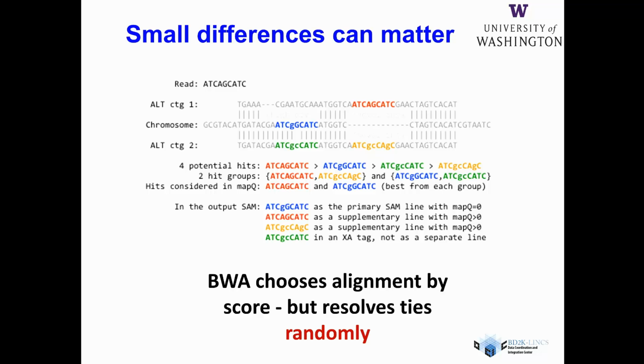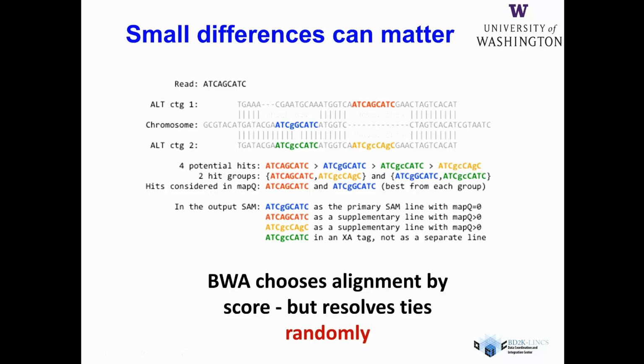And this is actually from an earlier stage in the pipeline, where we're doing the alignment stage with BWA. At this stage, what BWA does is it takes a read and it tries to map it to a position on the genome.